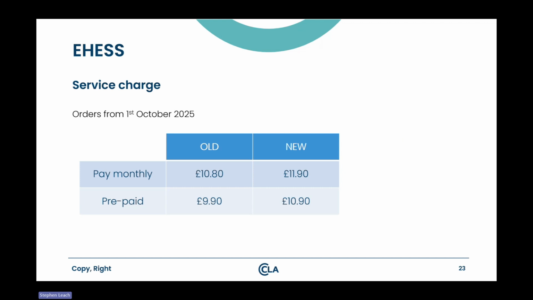Firstly, as Joe Cox from the British Library mentioned last month, the service charges will increase for orders made from the 1st of October, so that's yesterday. Just to note, this is also outlined on the DCS dashboard section. For those who pay monthly, the cost will increase to £11.90, and for those who are prepaid, the cost will increase to £10.90.